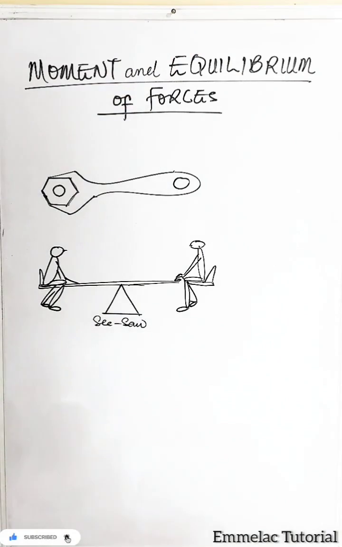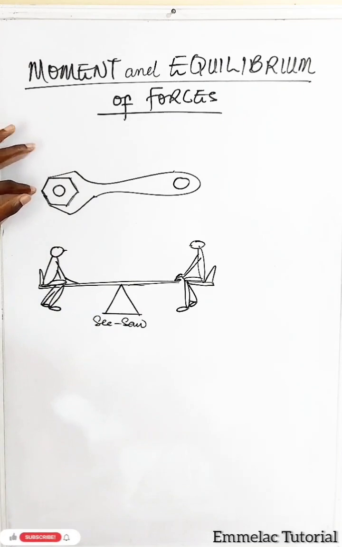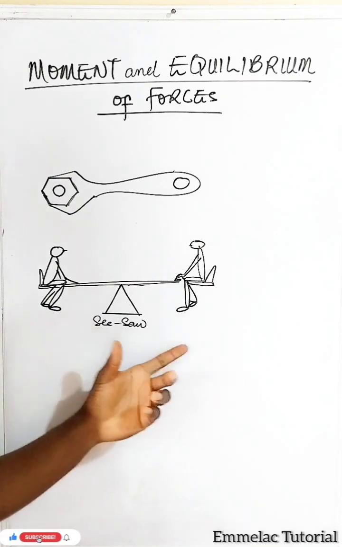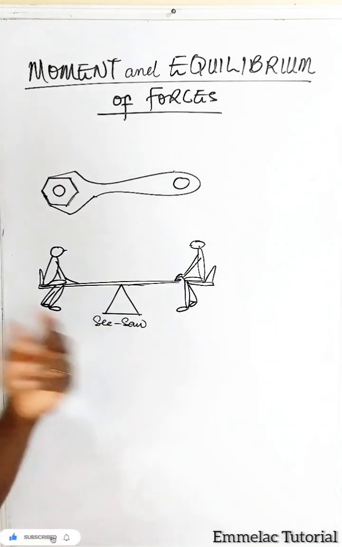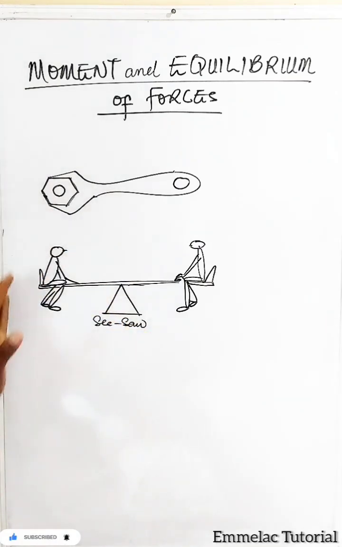I've drawn a nut being turned with a spanner, and two guys sitting on a seesaw. We're using these two pictorial diagrams to illustrate what moment and equilibrium of forces is. Let us start with this first one.